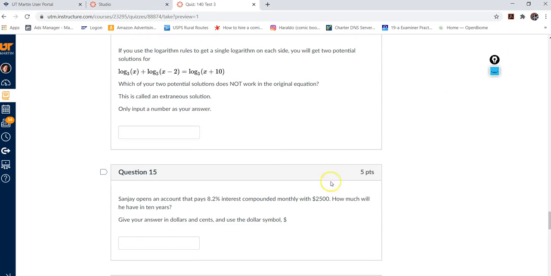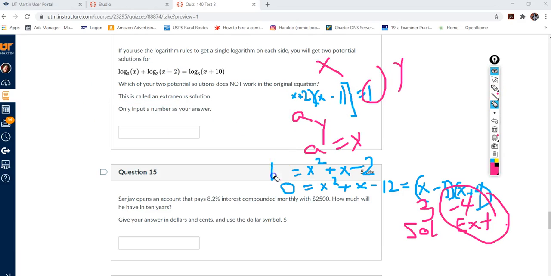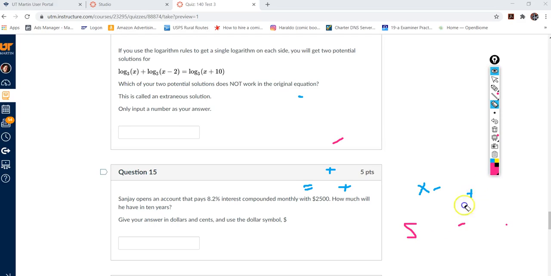Okay, and one more time, we're asked for an extraneous solution. Let me get all of this out of the way. Again, I will use rule number 1 to put those together.